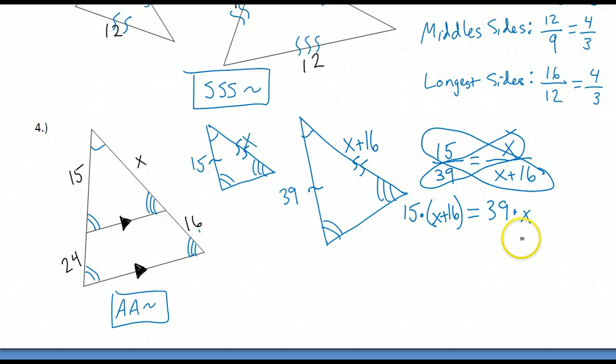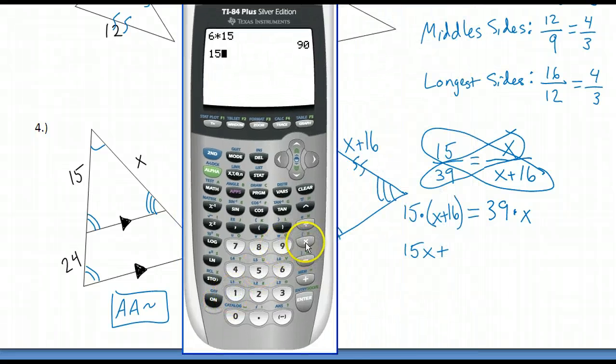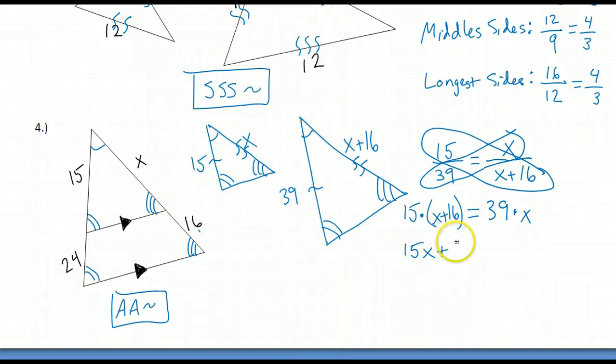Now solve. To solve for x, distribute. 15x plus 240 equals 39x.